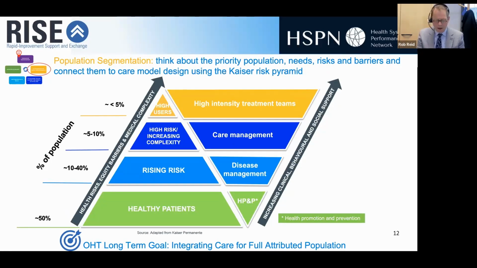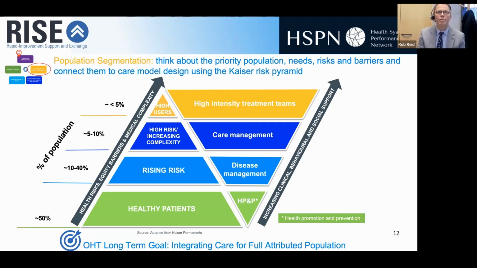This picture represents an overall representation of a general population segmented into 4 different groups: healthy patients, rising risk, increasing complexity, and high users.